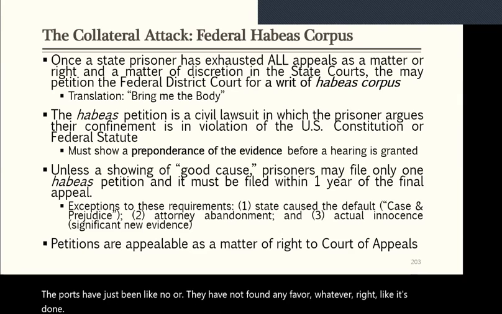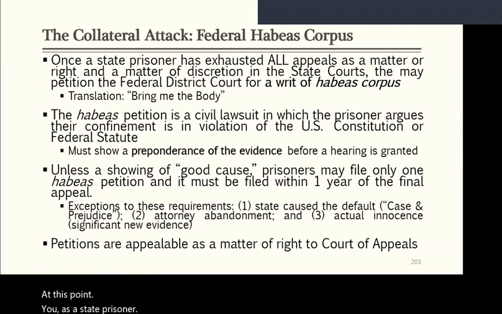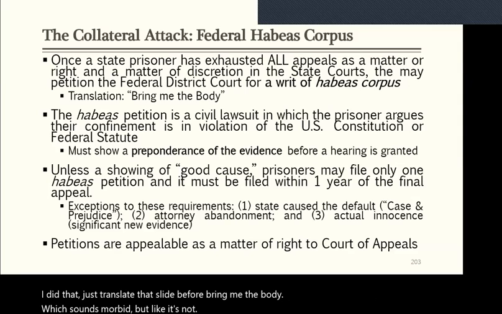At this point, you as the state prisoner may file a petition in federal district court for what's called a writ of habeas corpus, right? That's Latin for bring me the body, which sounds morbid, but it's not.